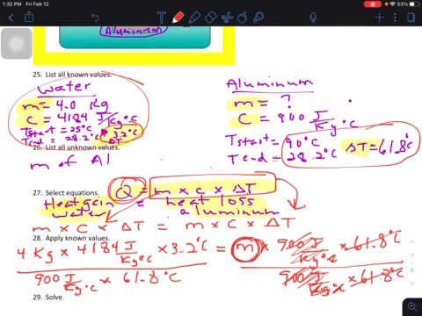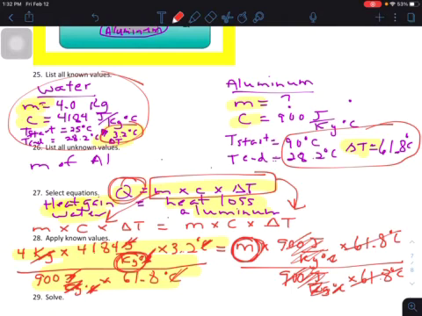So we've got all this math to do here. We can cancel our units: kilograms on the top and bottom, joules on the top and bottom, degrees Celsius top and bottom, and we're left with our units of kilograms, which is the mass.